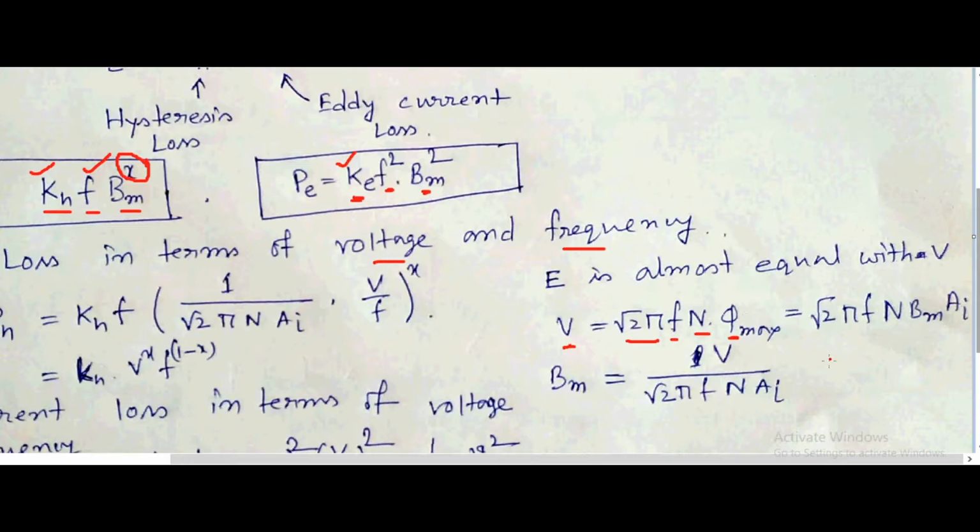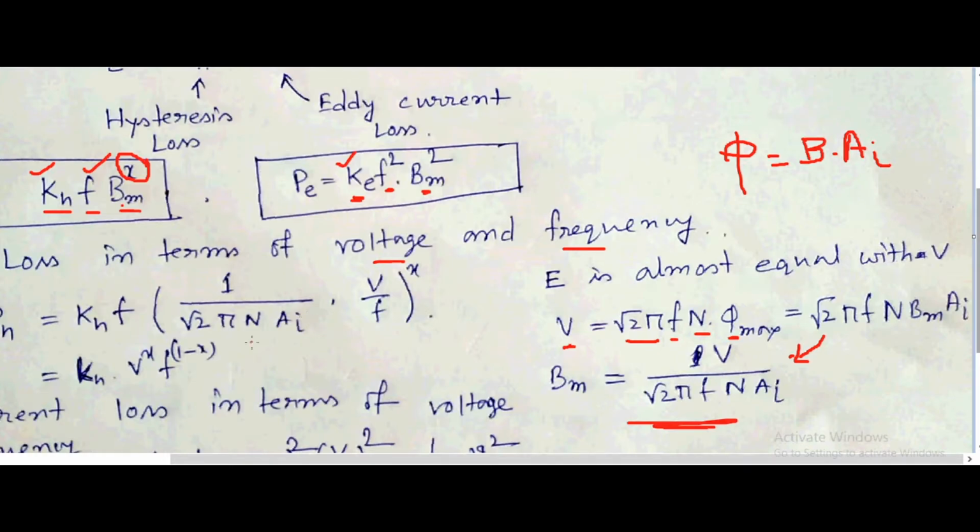So phi equals B, the flux density, times the net core area A_i. From this equation, we can write B_m equals the supply voltage divided by root 2 pi f N A_i. If we put this in for B_m, we get this to the power of x.